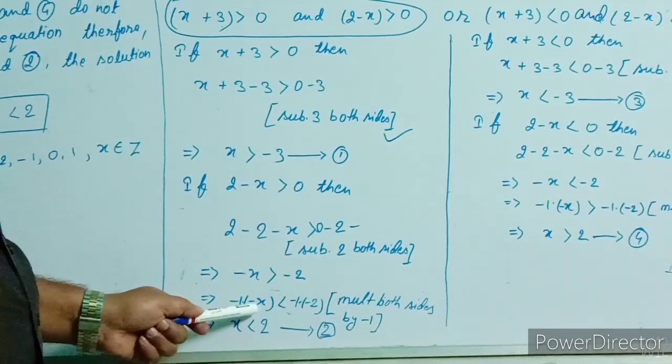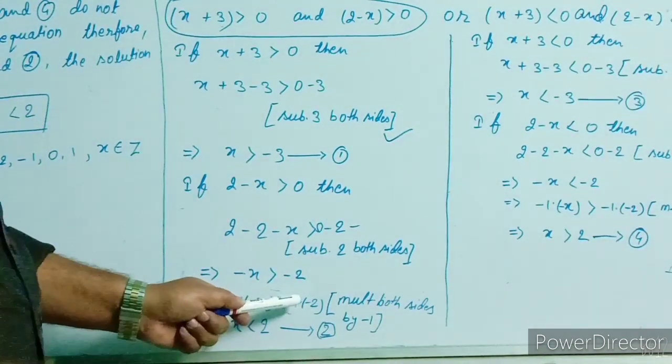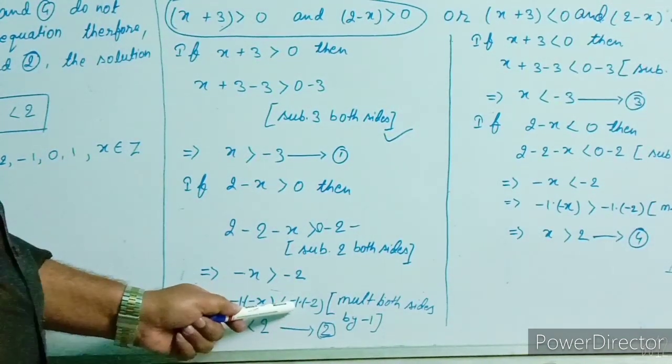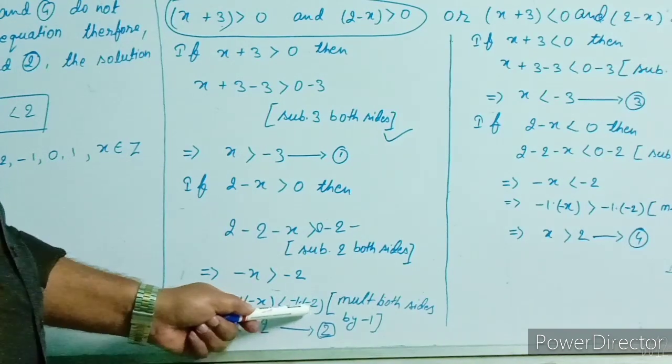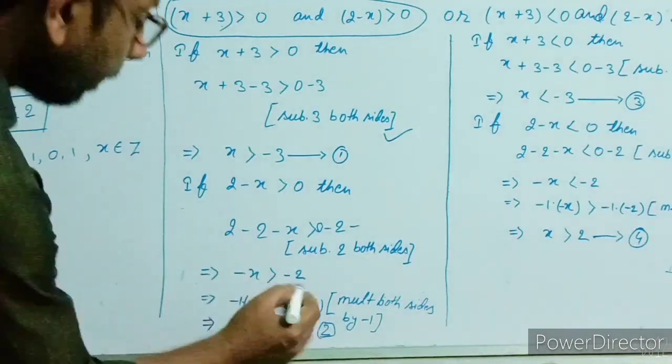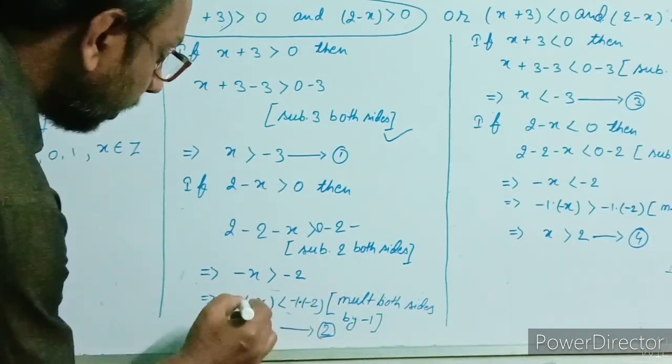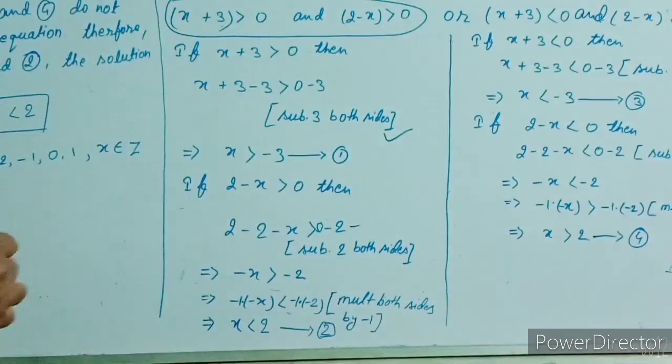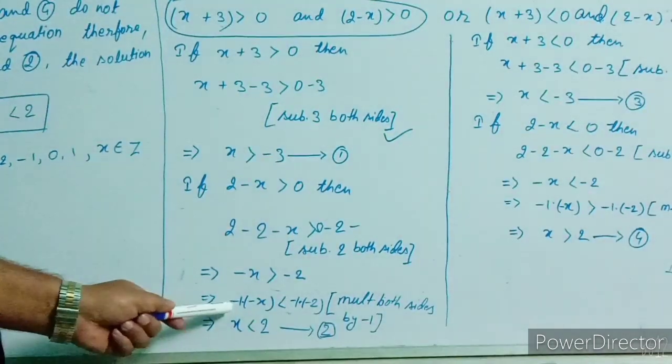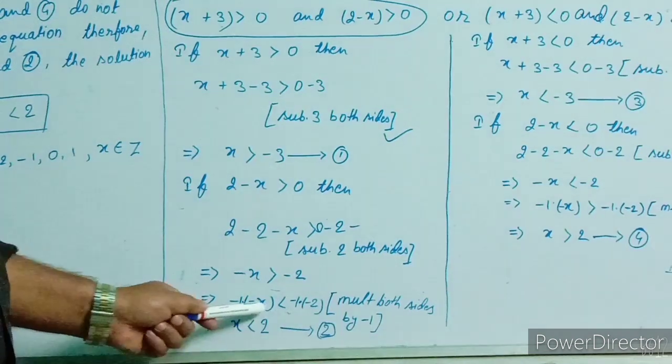Minus 1 into minus x. Therefore, we have to multiply that side also by minus 1: minus 1 into minus 2. This is the symbol of into, multiplication. Now, minus into minus gives plus 1 into x.